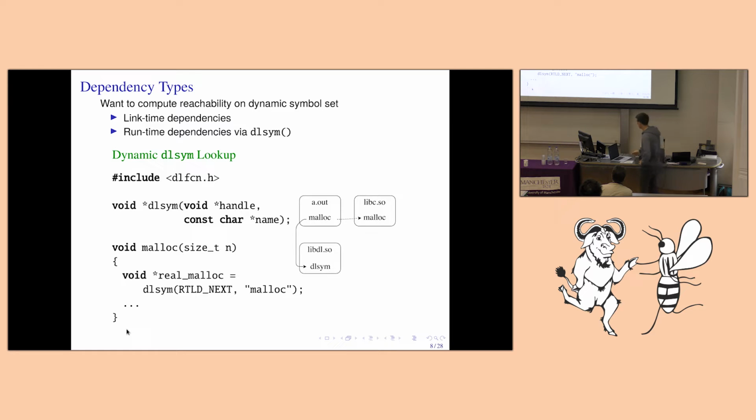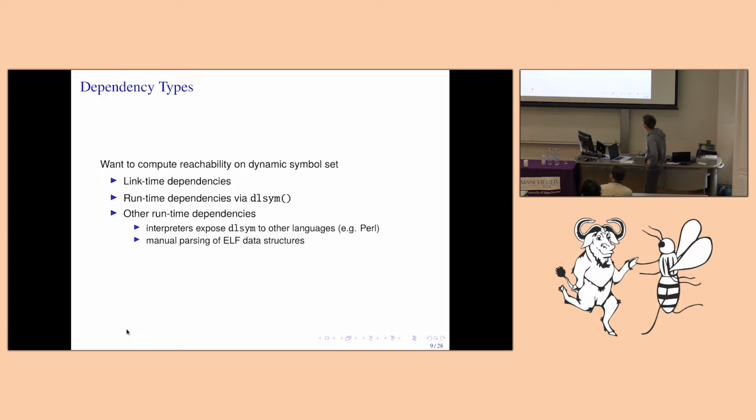And there's actually an even worse case where interpreters, such as the Perl interpreter, might expose the dlsym interface to the Perl programming language, and since GCC does not have a Perl frontend, we won't see it at all. We won't be able to reason about such dependencies.